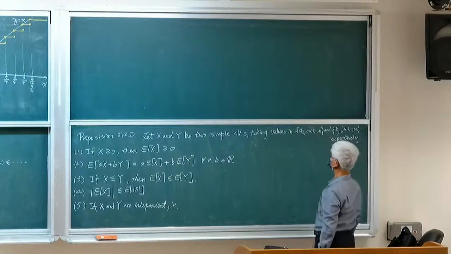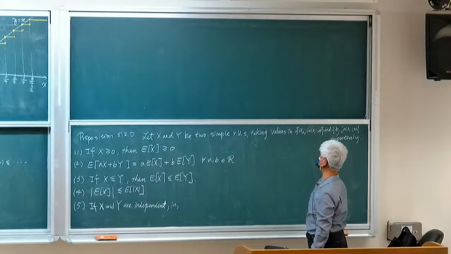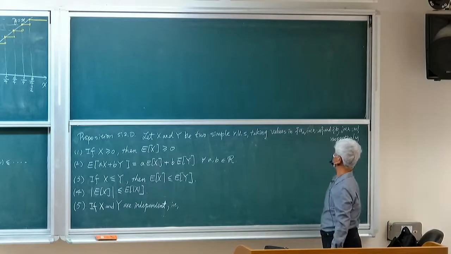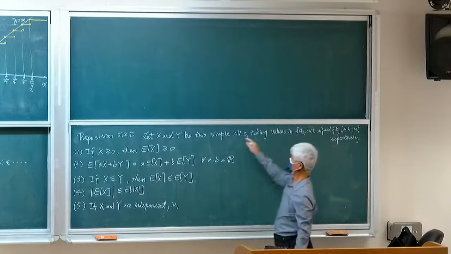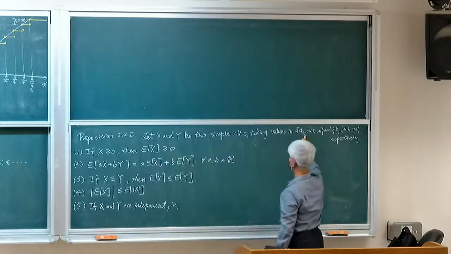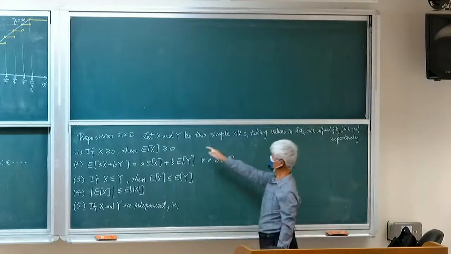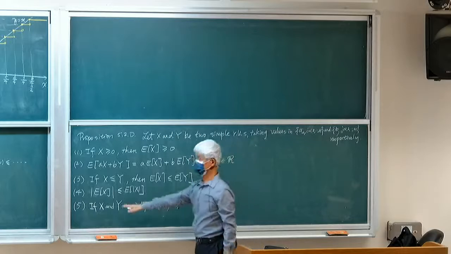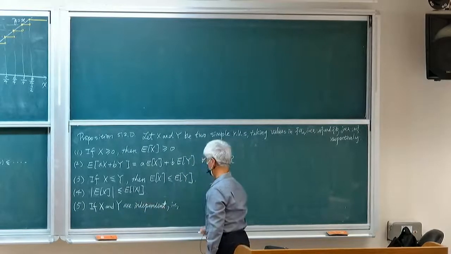All right, so I explicitly give the possible values ai for this simple random variable X and possible values bj for simple random variable Y, because I want to remind you what we mean.